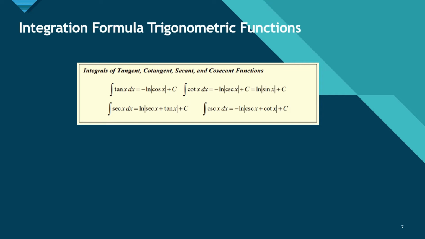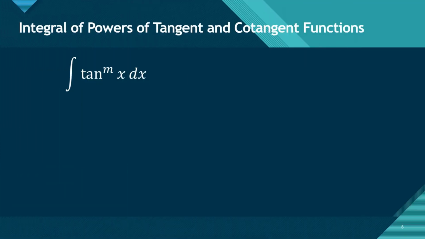Okay, so this is going to be an addition to the list of integration formulas that you already know, integration formulas for trigonometric functions. Okay, so let us solve some problems. Let us get the integral of functions such as this, tangent or cotangent of x raised to some exponent. Okay, so these are the things to remember.